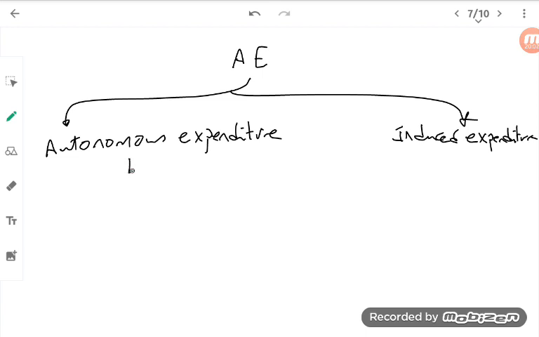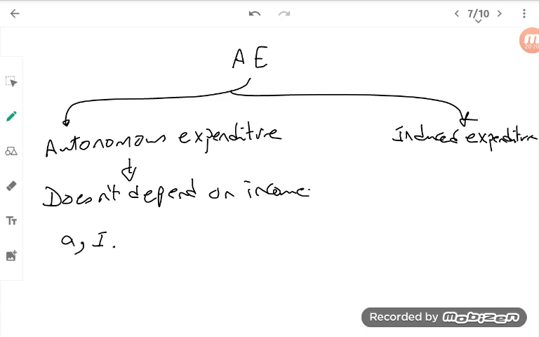Autonomous expenditure, as we said, does not depend on income. Autonomous expenditure includes A in the consumption function, I, G, X, and M naught in the import function.